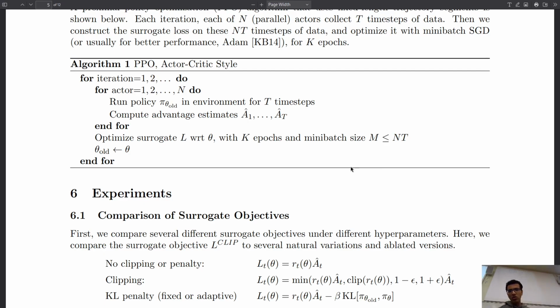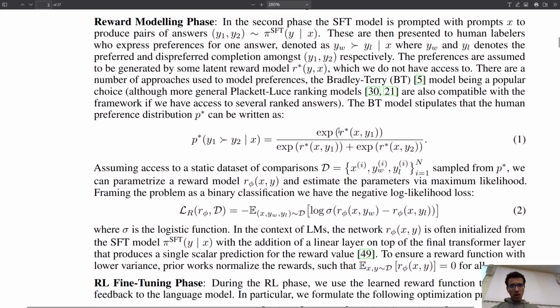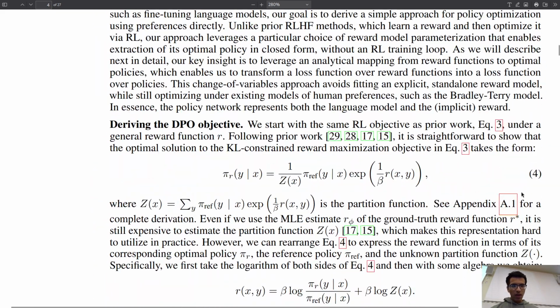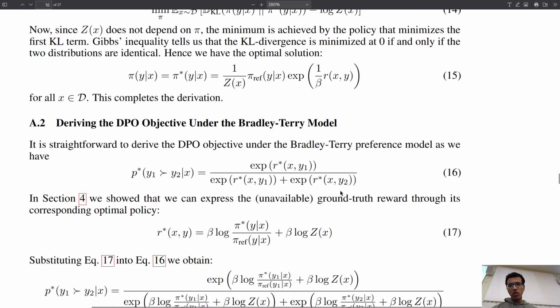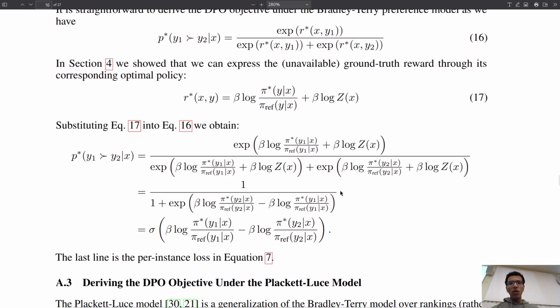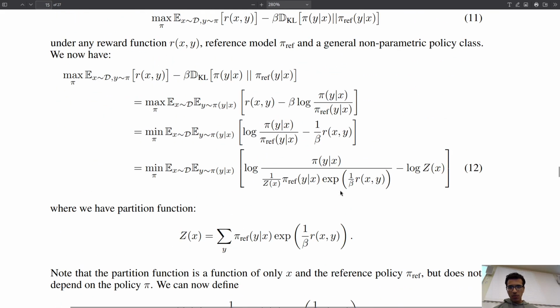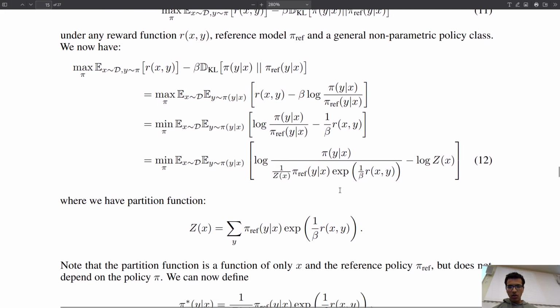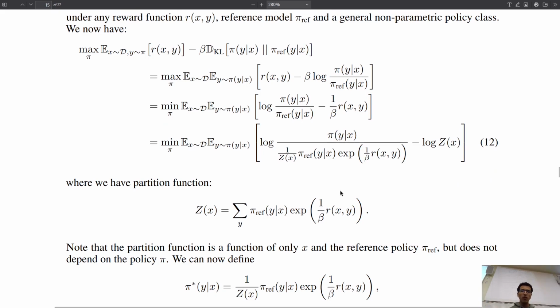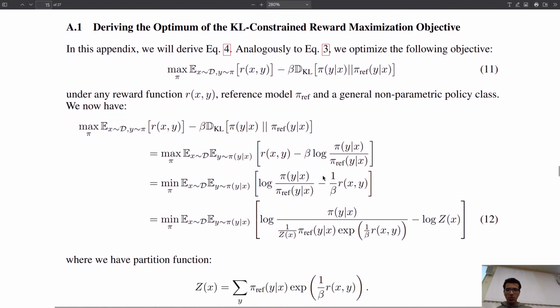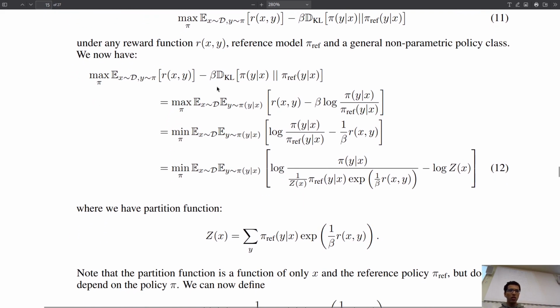So if we go to the appendix, they have a detailed proof of how they obtain the new reward function, the new probability distribution, from the original KL divergence.